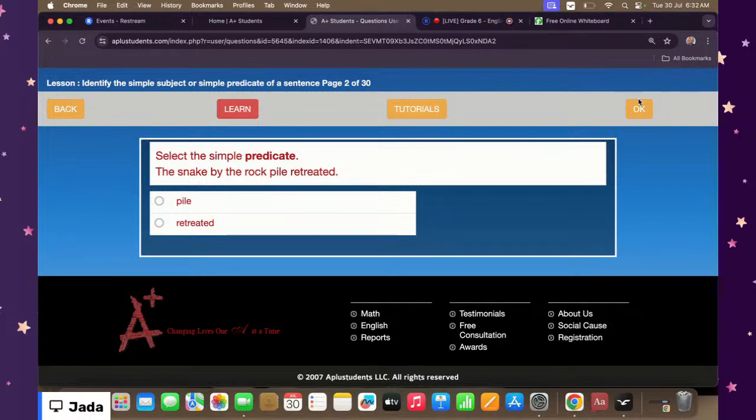The snake by the rock pile retreated. Simple predicate. So, what is the simple predicate?